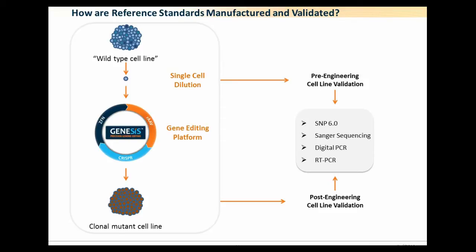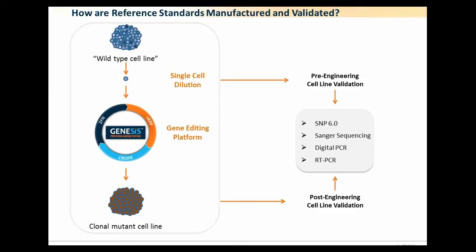As part of our cell line validation process, as you can see in this slide, we have a highly validated process where we single-cell dilute all our cell lines to ensure clonality, and that's really important because we have pure populations of cell lines. This is quite different than spiking in DNA from cancer cell lines, which is sometimes done in some laboratories.